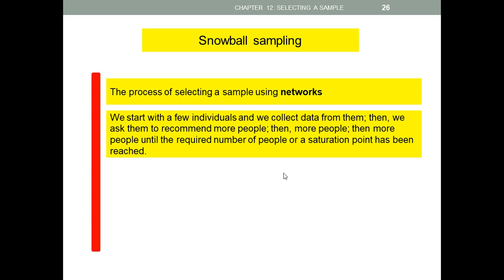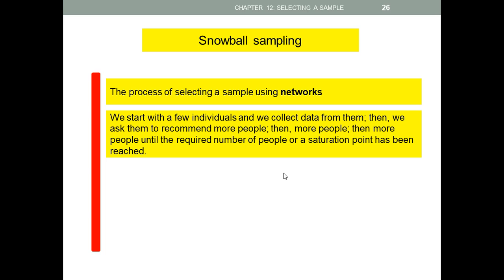So we talk to the more people, and then we ask them to recommend more people. We talk to them, and we ask them to recommend more people until we have reached the required sample size that we want.